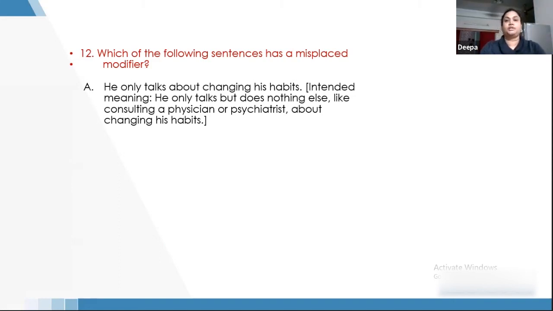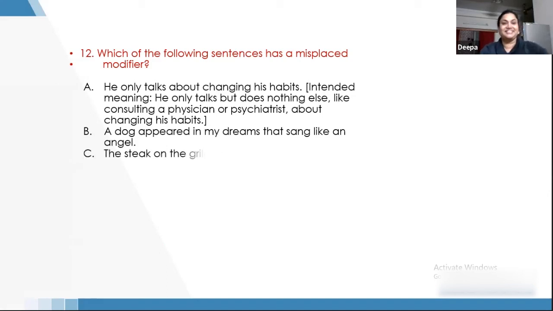So let's check the other sentences. A dog appeared in my dreams that sang like an angel. Dog dreams, though. The stick on the grill is hers.